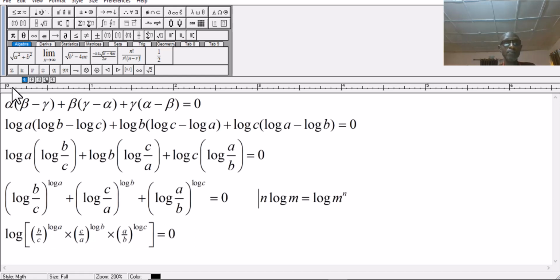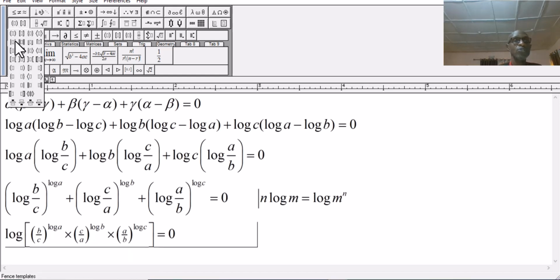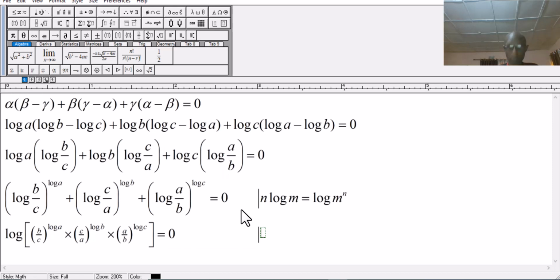What we have done here is we have applied this particular law of logarithm: if we are given log A plus log B, it is the same thing as log AB. Because it's addition, we are assuming that the base is the same. That is the concept we have just applied.